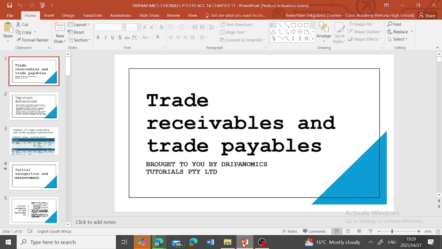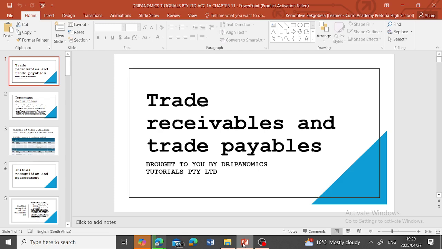So we know that we have what we call trade inventories, which is stock inventories, right? It's things that we buy and sell as a business. So that's where the term trade comes in. And a receivable, we know, according to the conceptual framework, is the definition of an asset, right? A receivable is someone that buys goods from us on credit, so they owe us, hence why it's a receivable and it's an asset.